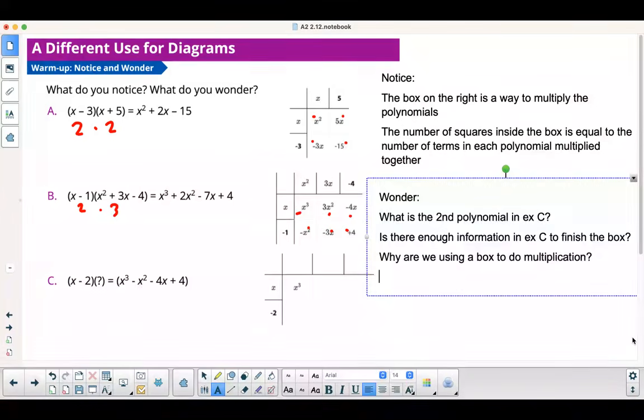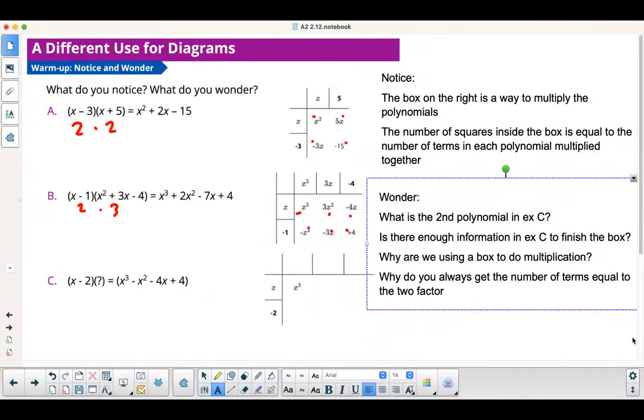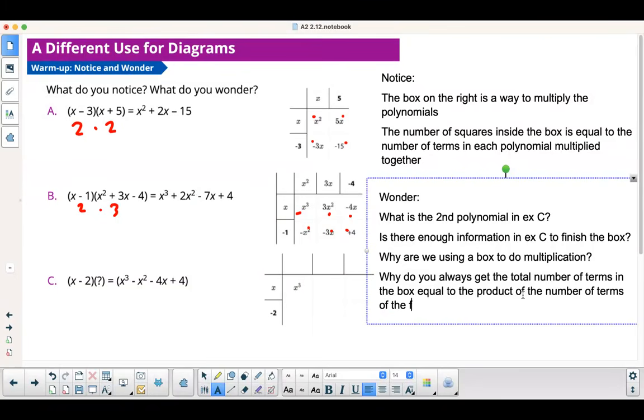How about, why do you always get the total number of terms in the box equal to the product of the number of terms of the factors?